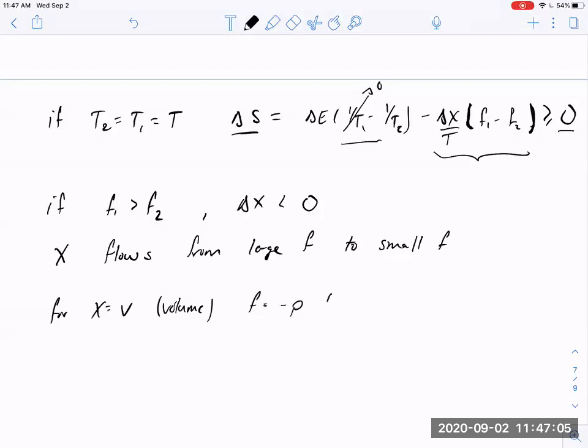It's minus the pressure. And what we've just found is that volume flows from large pressure to small pressure. So if I have a high pressure, the volume will increase.